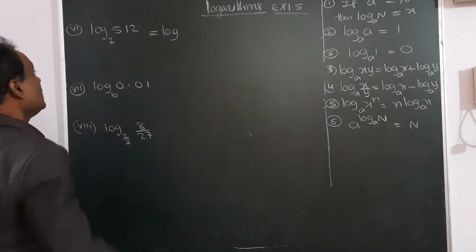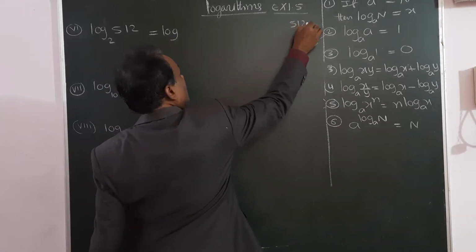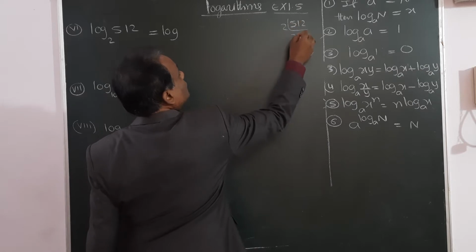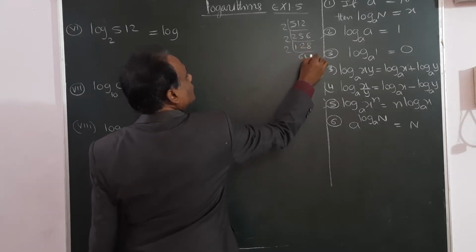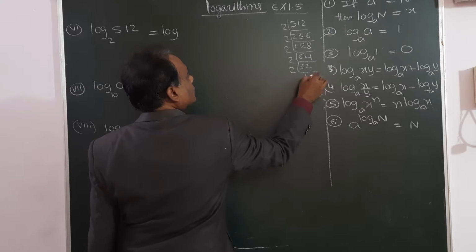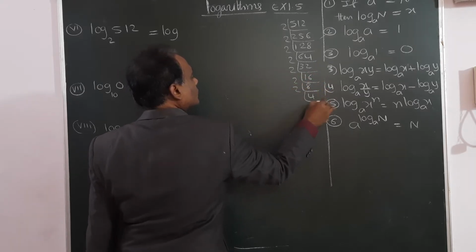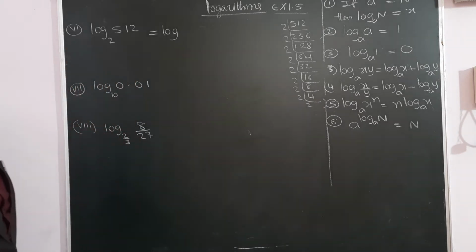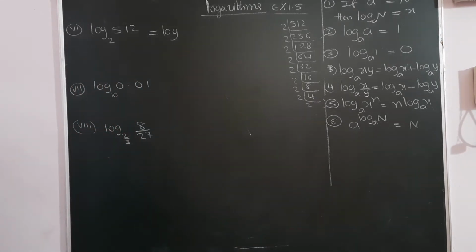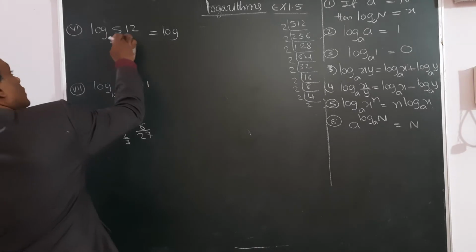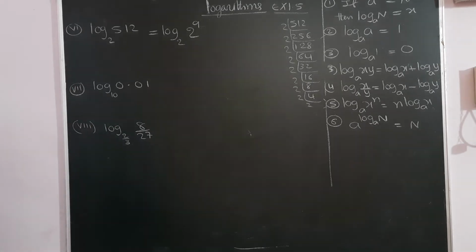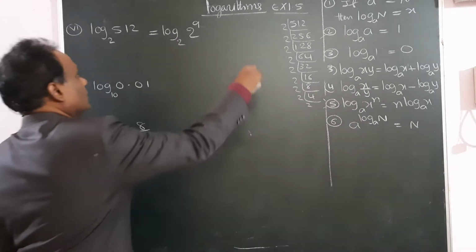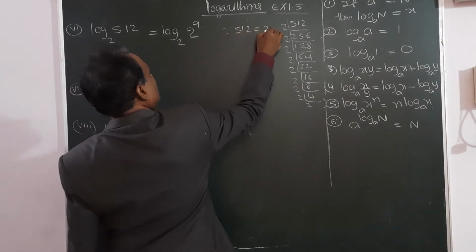For that, 512 can be written as 2 into 2 into 2 into how many times? 1, 2, 3, 4, 5, 6, 7, 8, 9 times. So 512 is 2 power 9.